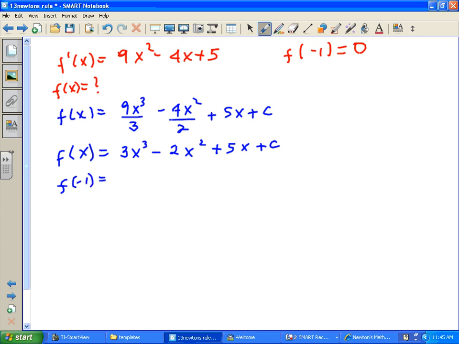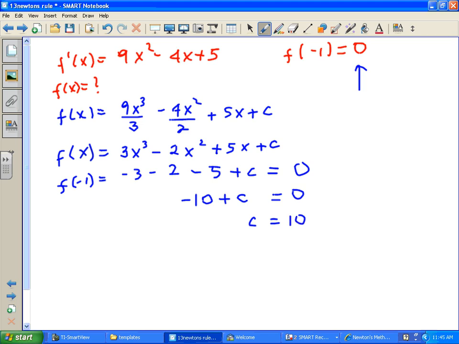So f of negative 1 is, negative 1 to the third is negative. Negative 1 squared is positive. That doesn't change the negative 2 in front. Plus 5 times negative 1 is negative 5. Plus c must be equal to 0 based on what's given. So here we have negative 10 plus c is 0. So c is equal to 10.